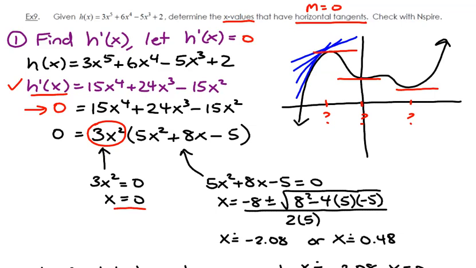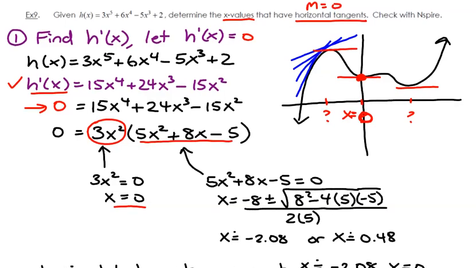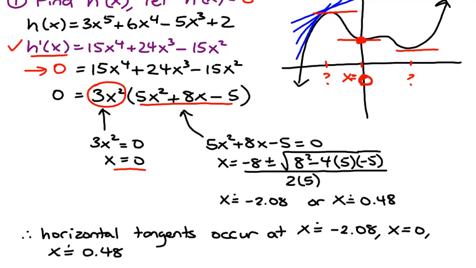That's probably this one right here. Okay, so x equals to 0 is right here. Then solving this other one using the quadratic formula, I actually get negative 2.08 and 0.48. So this one right here is probably the negative 2.08, and this guy right here is probably the 0.48.